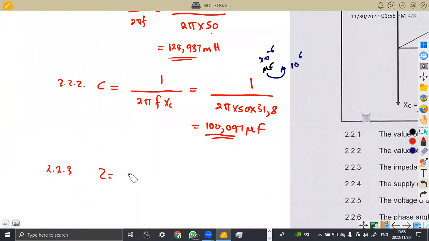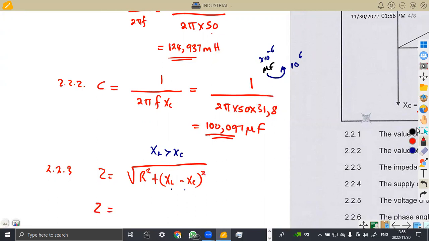Z is equivalent to the square root of R squared plus XL minus XC, all squared. Since XL is greater than XC. If it was XC being greater than XL, then you would do vice versa here. Okay, don't forget to square here.